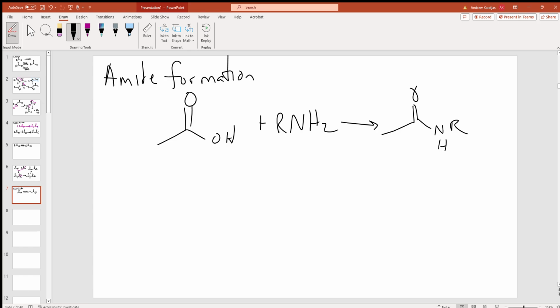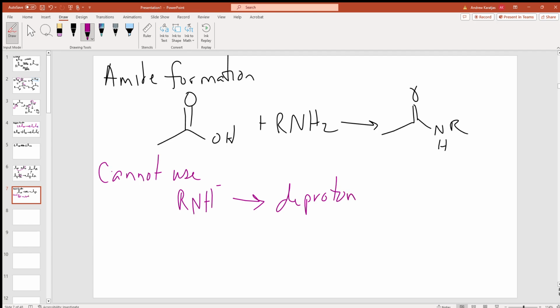What makes this reaction more complicated synthetically is we can't use a lot of the types of conditions that we will normally see for acyl substitution. So we cannot do the following. We cannot use basic conditions, which would give us RNH minus, because this will just deprotonate the acid.